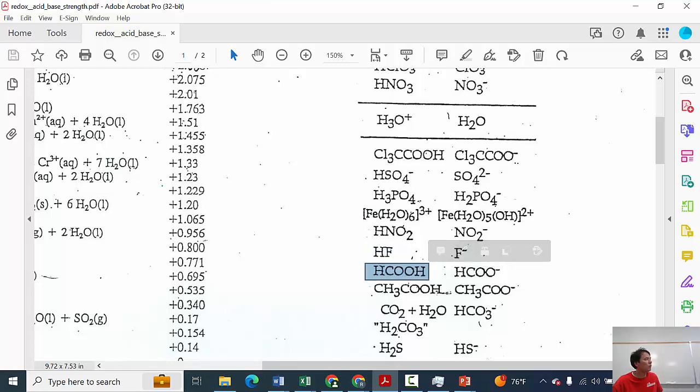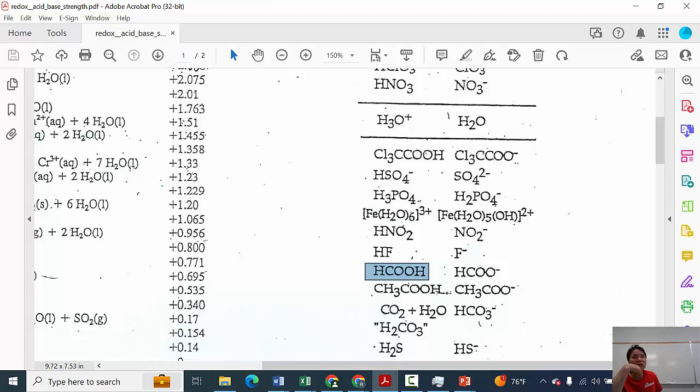This is called a carboxylic acid. When you see COOH, and it's a one carbon carboxylic acid. Do you know what prefix we use for one carbon chains? Have you heard of this? Meth, eth, prop, but, pent. So it's one carbon carboxylic acid.